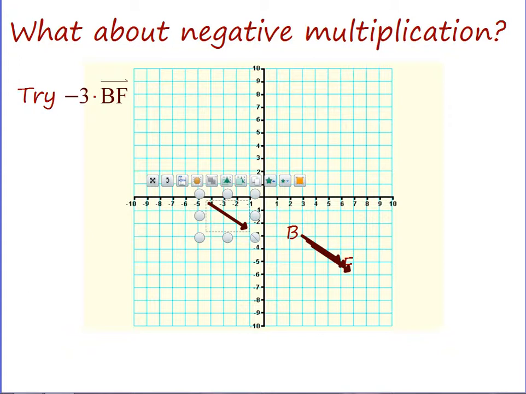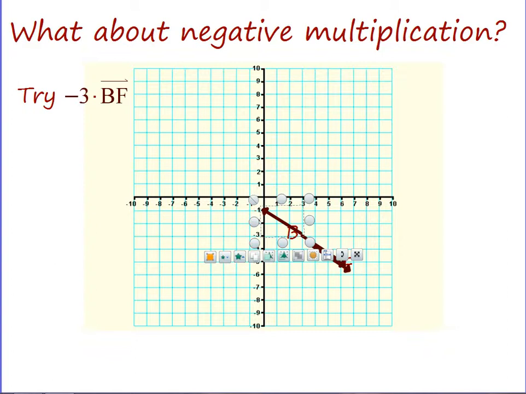So I'm going to need to turn this around. So now, instead of going 3 in the positive x direction and 2 in the negative y direction, right? So our original was 3, -2.